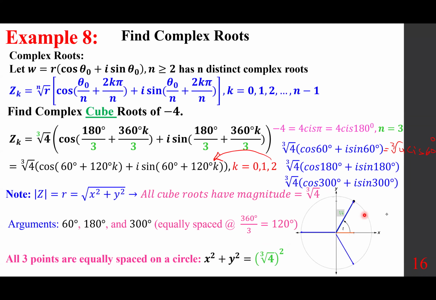So this is a circle. The radius is cube root of 4. And this is 60 degrees, 180 degrees, 300 degrees. So, for example, complex cube root of 1 would be 1 cis 0. And what happens is that we basically replace the cube root of 4 with 1, because cube root of 1 is also 1.